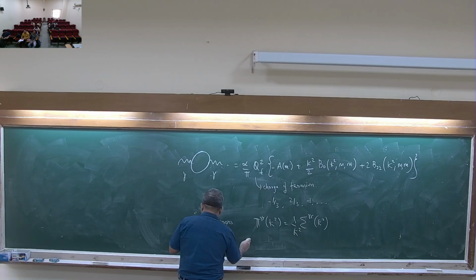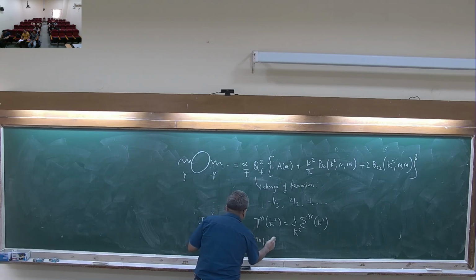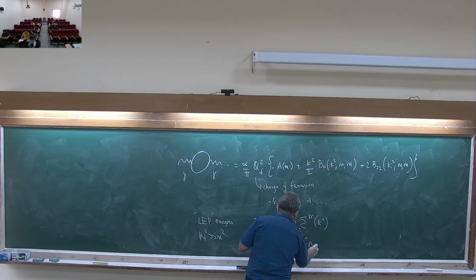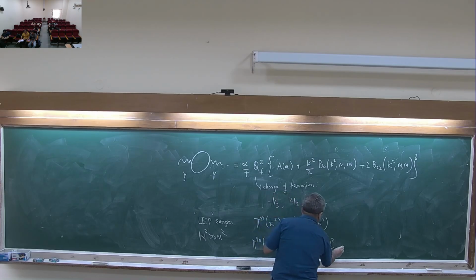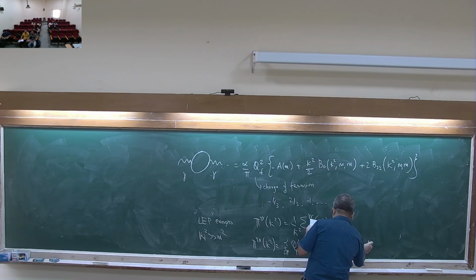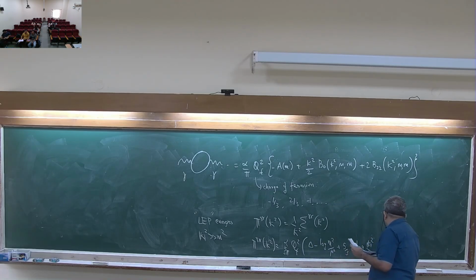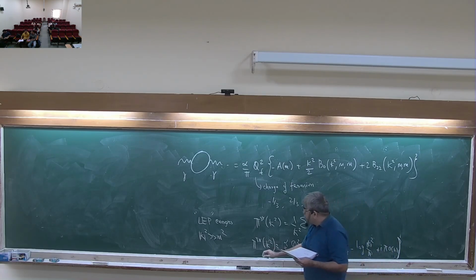This expression has a simpler form: alpha by 3 pi, Qf square, times delta minus log m square by mu square, plus 5 by 3 minus log k square by m square plus i pi theta of k. So except top.